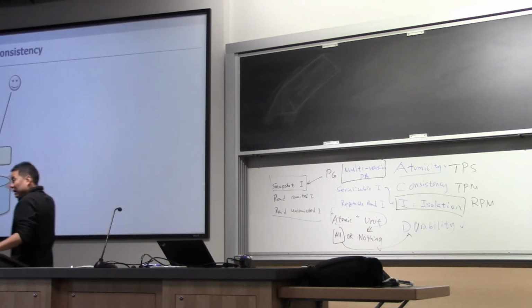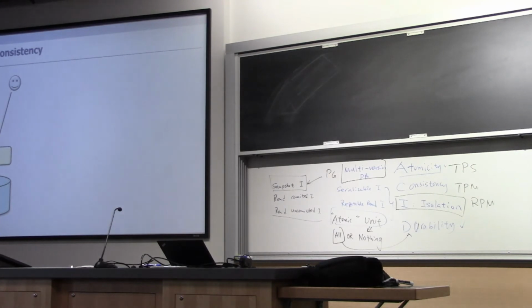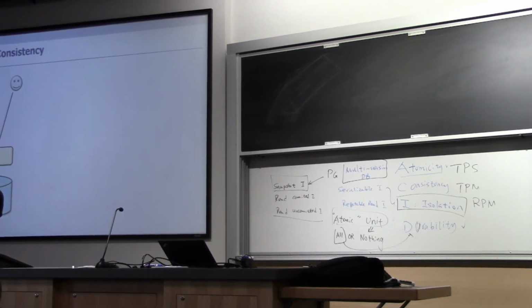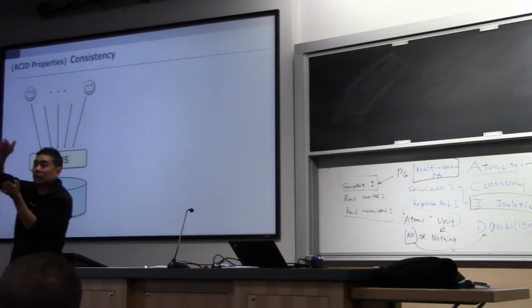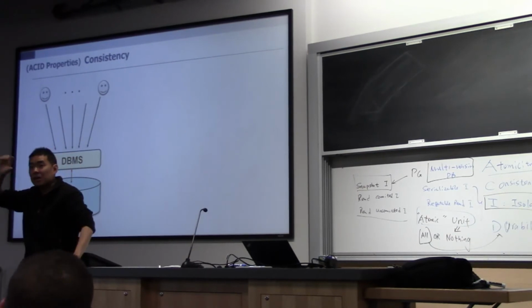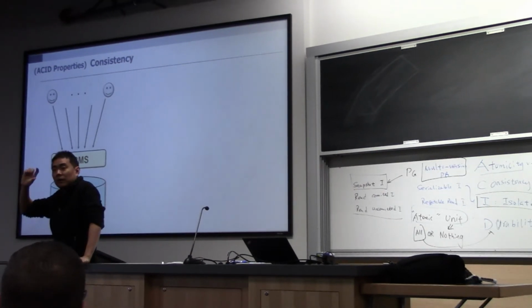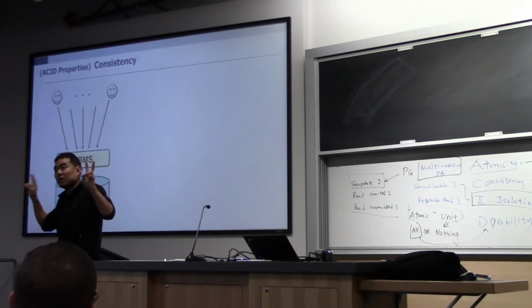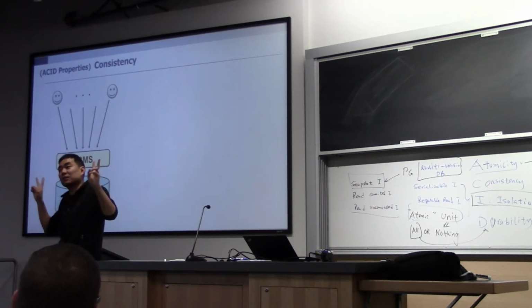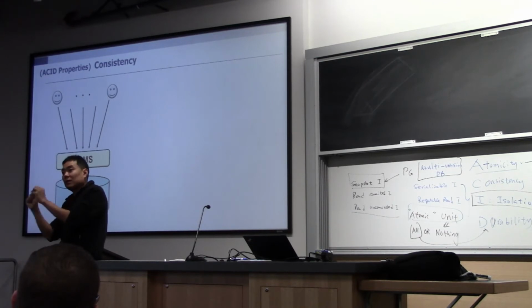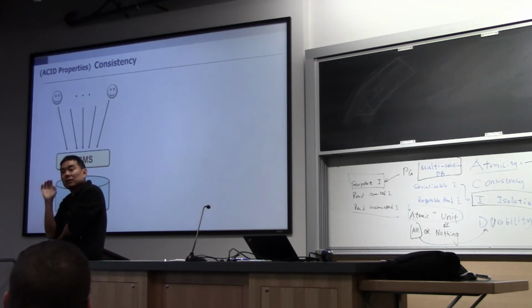C in transaction basically says the following: a transaction is viewed as an atomic unit. If that atomic unit starts with a consistent database state, what do I mean by a consistent database state? A database is in a consistent state if and only if all functional dependencies are satisfied.